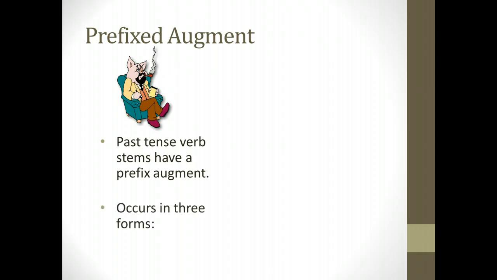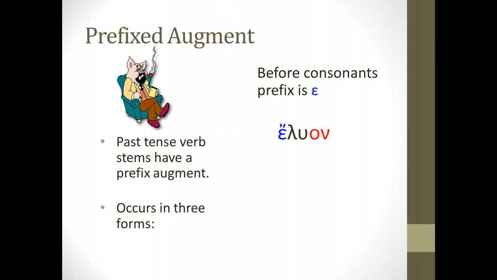Mr. P. Hogman occurs in three different forms. When he occurs before a consonant, then the prefixed augment is simply going to be an epsilon, as you saw with lu. Today, in our paradigm using lu, you saw eluon. The blue epsilon on the front helps you to determine what is the augment.